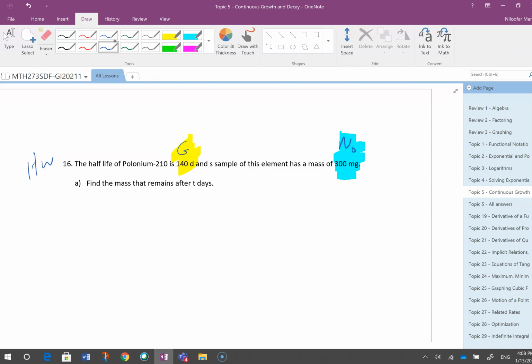It means show me the equation. Do you use 2 power or e power? 2 power, because it says half-life. I don't need to bother myself to go and find K. I have another formula. 2 power, positive or negative? Negative, because half-life. Okay, so NT is 300 times 2 power minus T over 140 days.